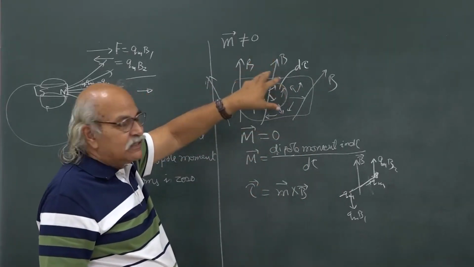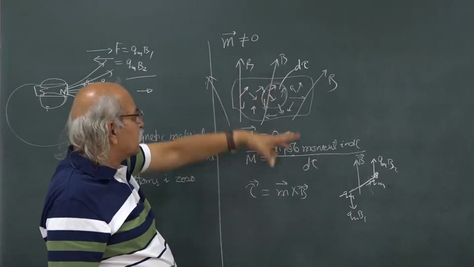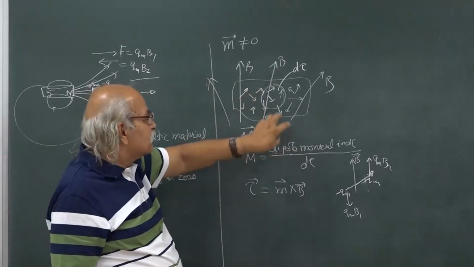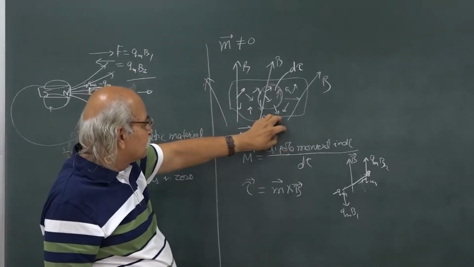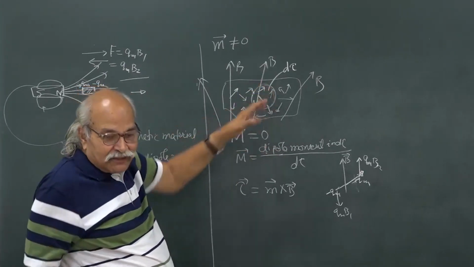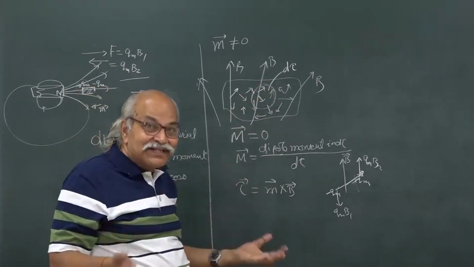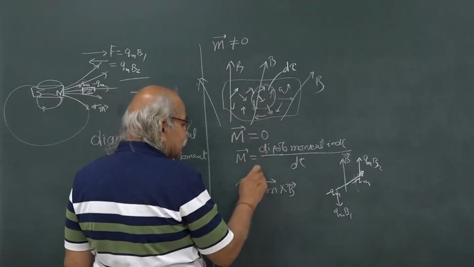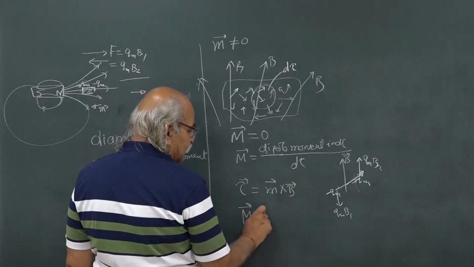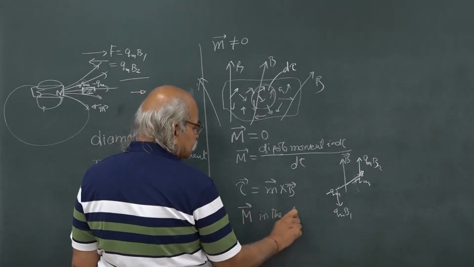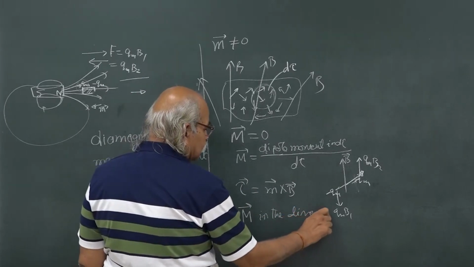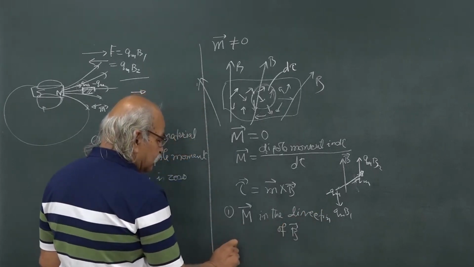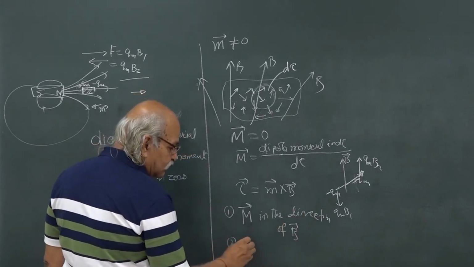The orientation will not be complete because the thermal motion is always there, collisions are always there, and things are changing, but this condition that M was 0 will not be there, because everything will be at least partially oriented towards this direction, and therefore that will create a magnetic moment M in the direction of B. So, this is one thing, and the other thing was that reverse current induced.